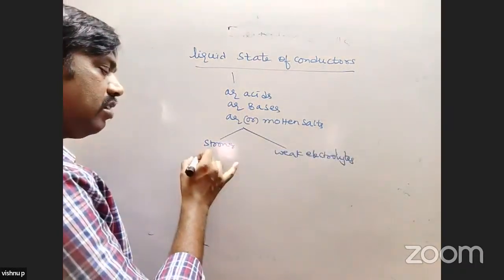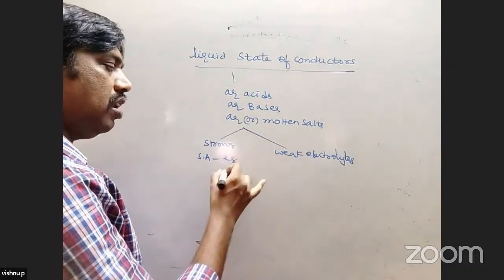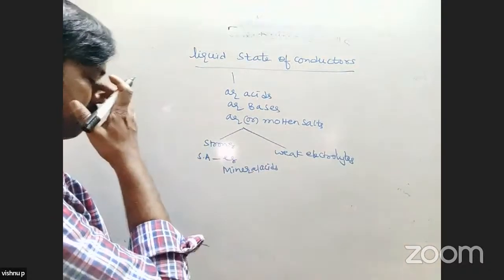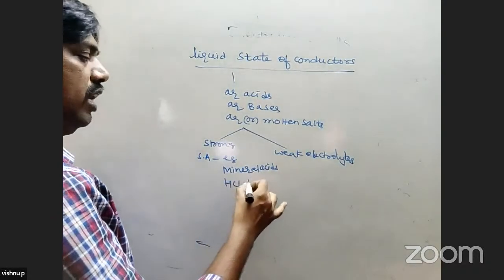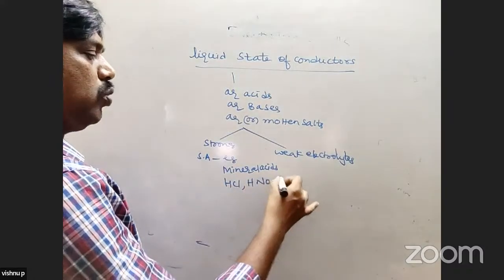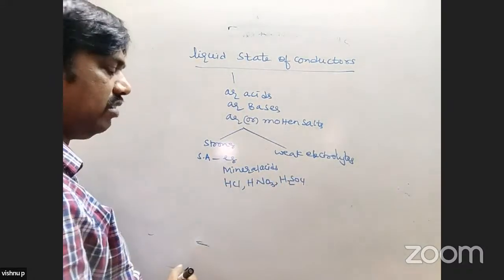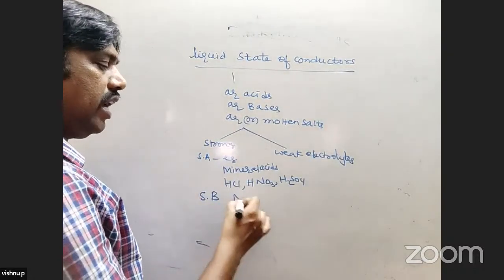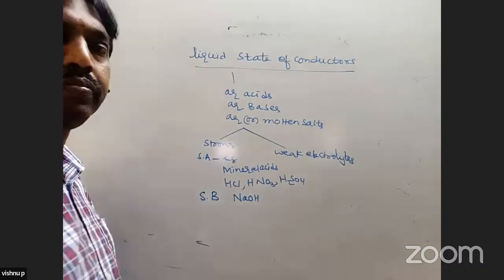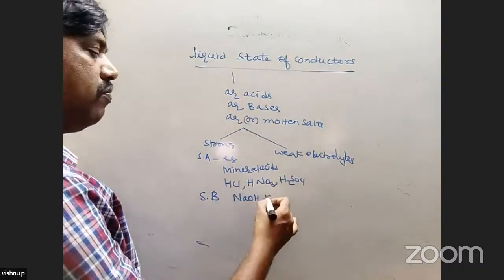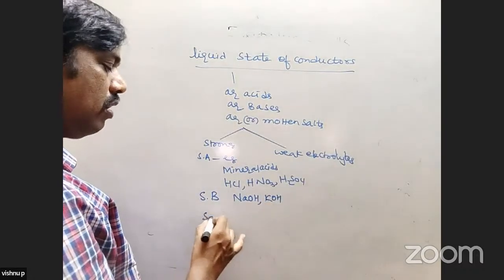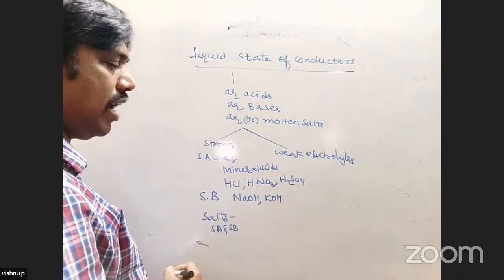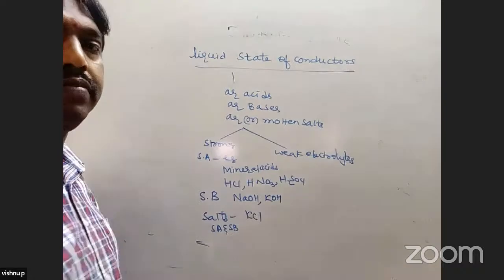Strong electrolytes include strong acids, for example mineral acids like HCl, HNO3, H2SO4, and strong bases like NaOH, formed by 1A and 2A group elements, and salts of strong acids and strong bases like KCl.